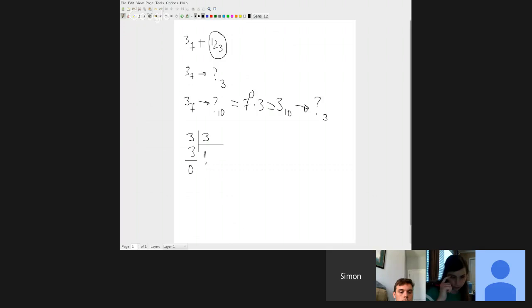Okay, since result of the division is already less than the base, I have to stop. And my result is going to be combined from digits. The first one will be the quotient, and then the rest will be all remainders along the way. We have only single remainder, which is 0. So in other words, here I want to write 1, 0 of base 3. 10. 3 base 10 is 10 base 3.